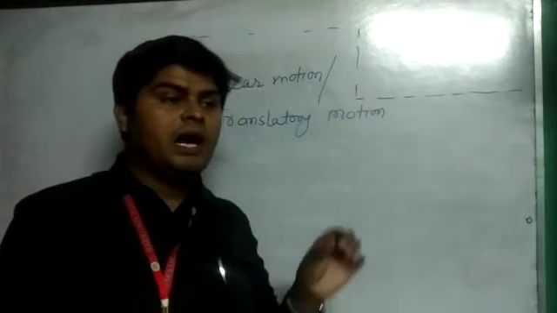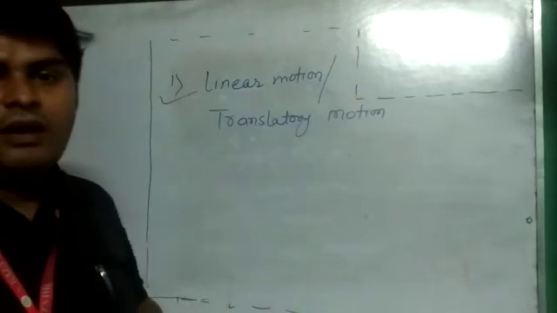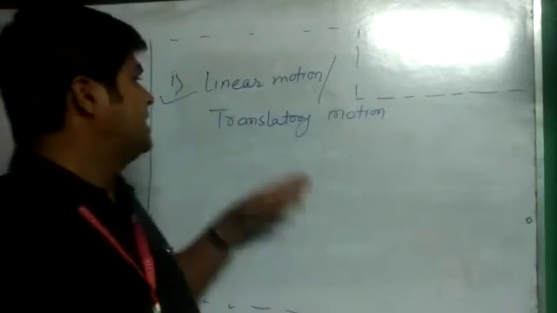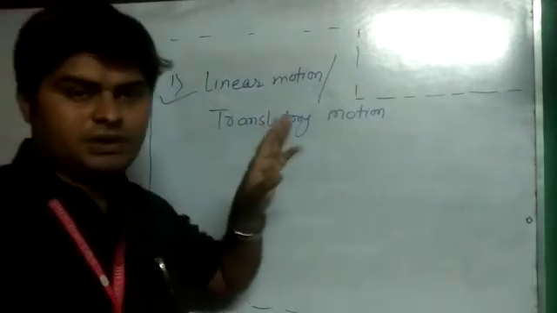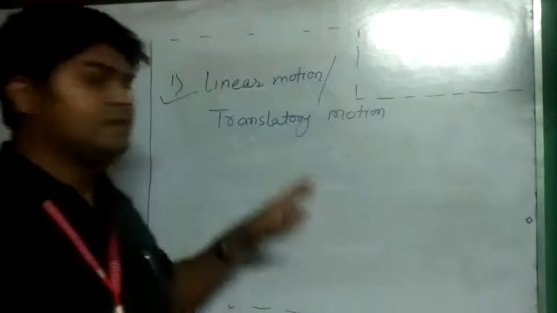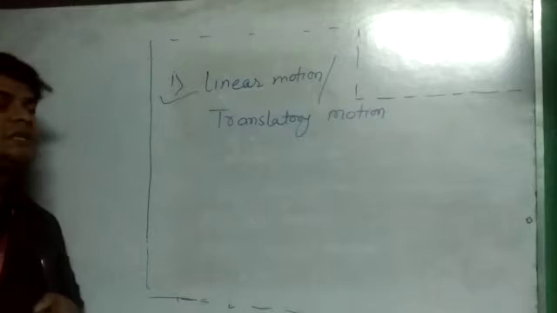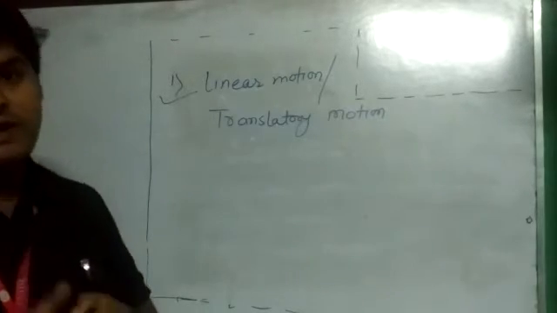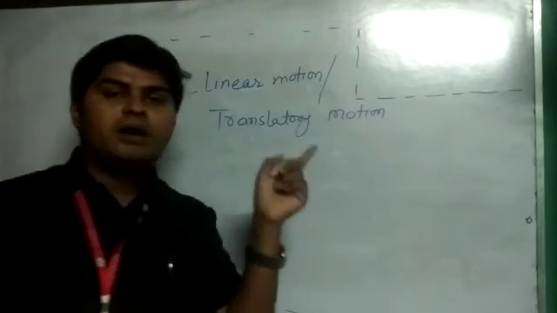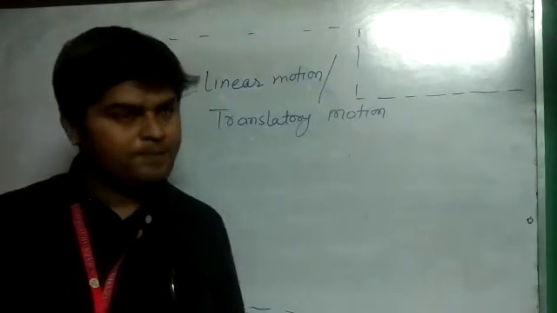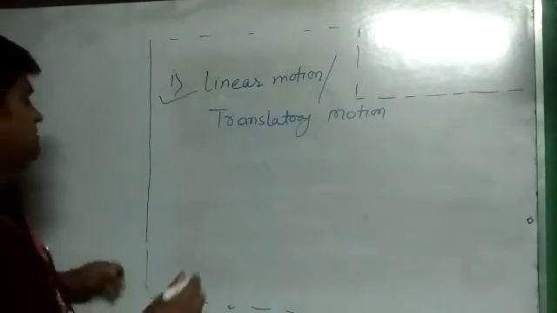A ball sliding on the surface of the ground in a straight line is an example of linear motion. Clear? Once again, linear motion means the motion of an object when it travels in a straight line or curved line.